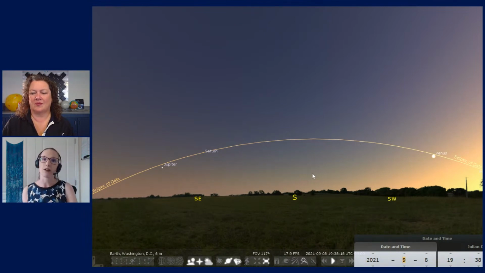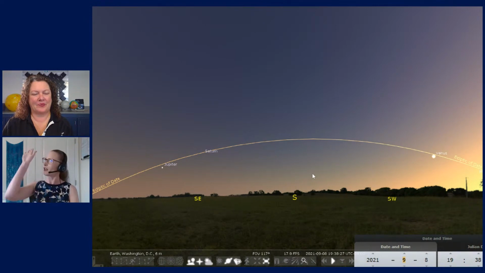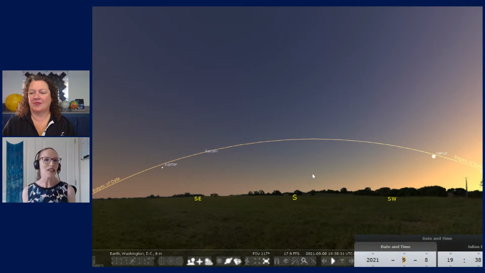If we were down near the equator, we would really be able to see almost the entire sky. You're sort of right in the middle of the Earth, so you can see almost to the North Star and almost to the South Pole. So our friends at the equator can see almost every constellation.